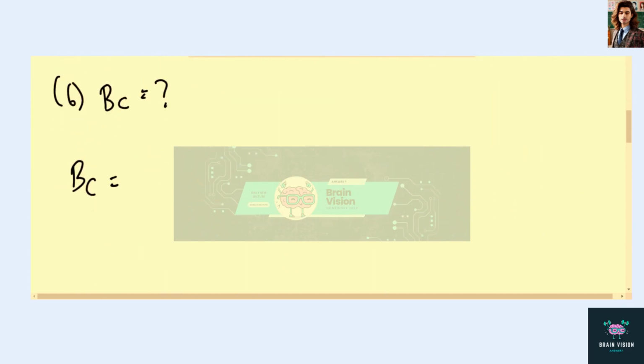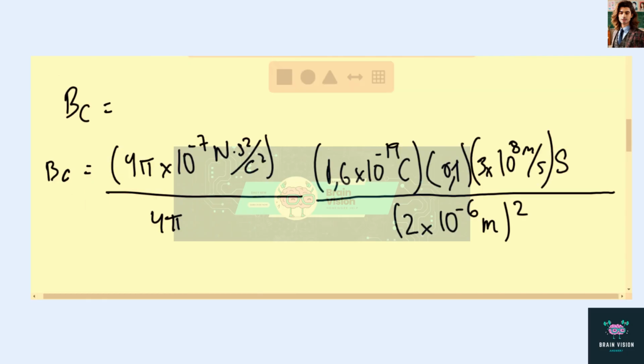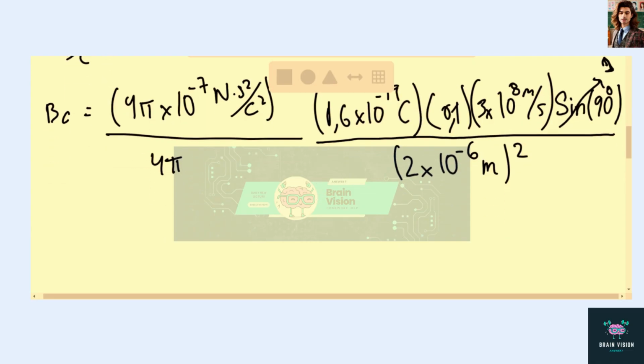The only thing that changes is the angle between them, which we said is 90 degrees, and we know that the sine of 90 degrees is just 1. So from here, we obtain a value of 1.2 times 10 to the minus 7 Tesla.